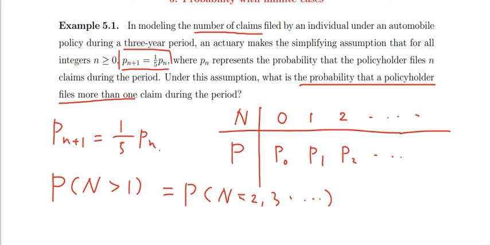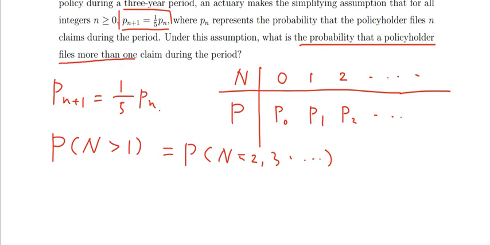For such a problem, we can consider the opposite side: 1 minus the probability of n equals 0 and n equals 1. So we just need to find P0 and P1.